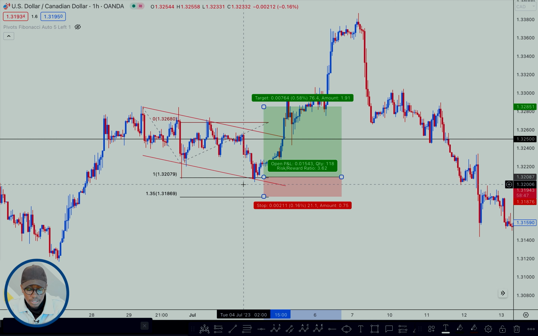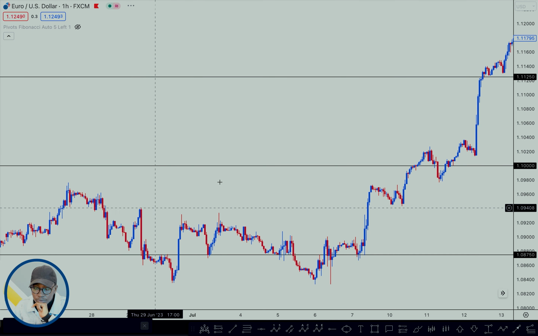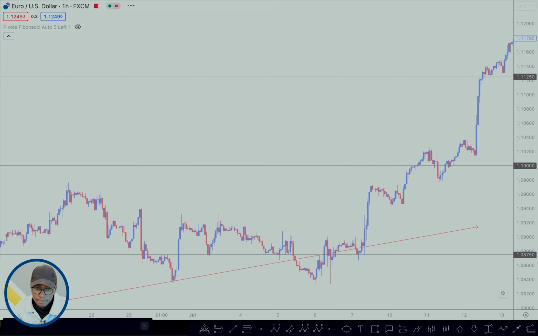I did not only take 3, I think I took around 4 trades, in which I'll just show you only 3 of them. And then the other trade that I took was actually not a flag, but it was a third trend line bounce.